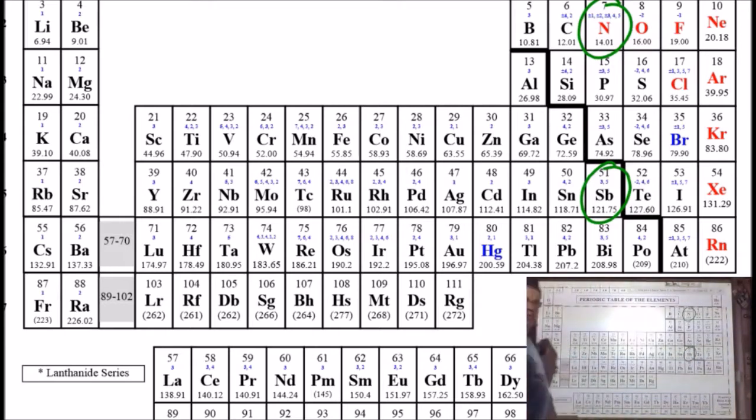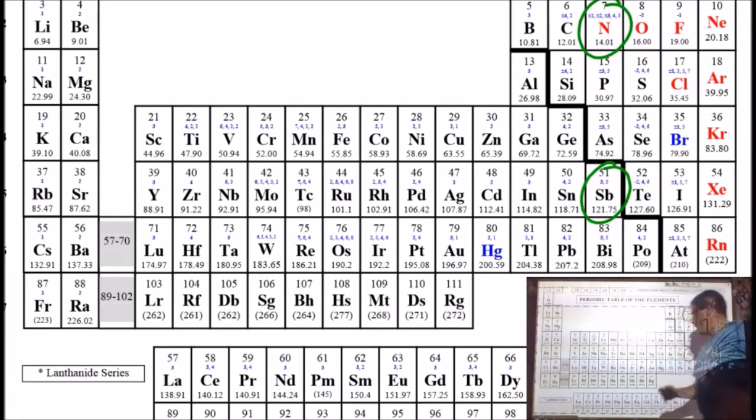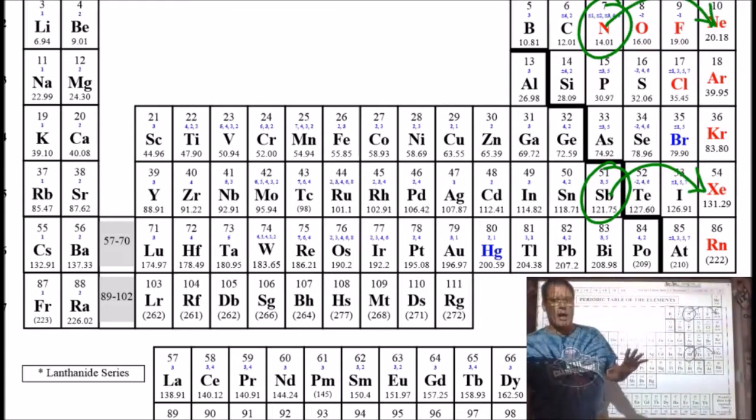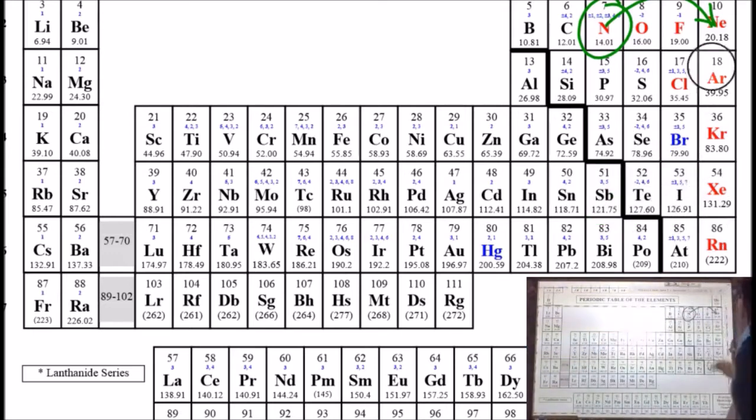It's in the 5th energy level. Antimony is going to be larger, even though they both have the same charge of -3. Because antimony has more orbitals to start off with, it's going to have a larger ionic radius. All right, let's take a look at the next one.